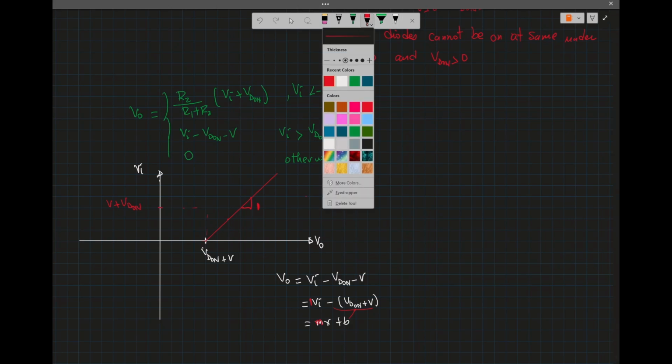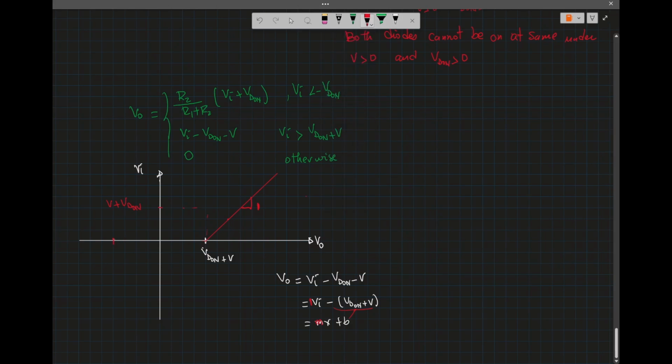Okay, and then this is minus VD1. So in that case, the graph will be the slope of this graph, right? So V0 will be R2 over R1 plus R2, VI plus R2 over R1 plus R2, VD1.